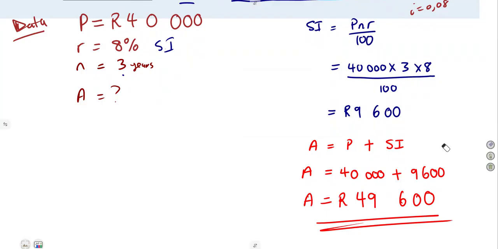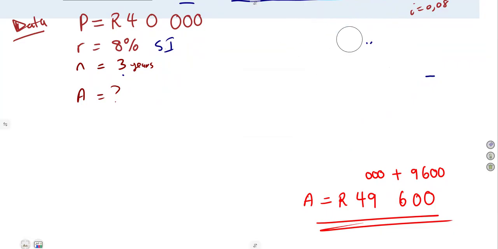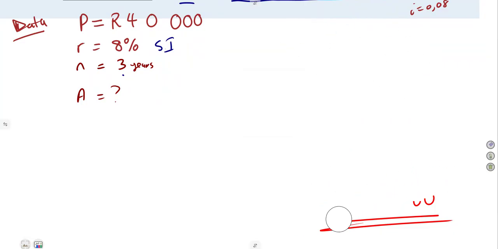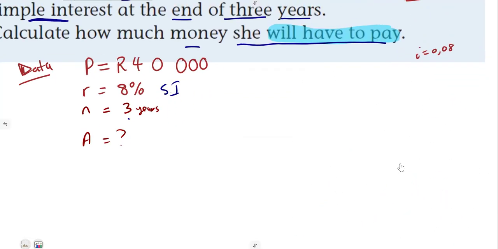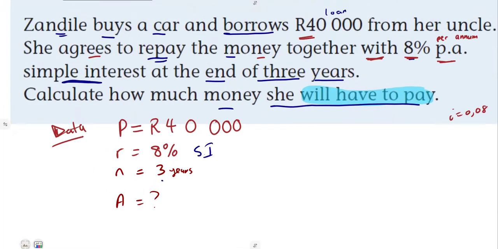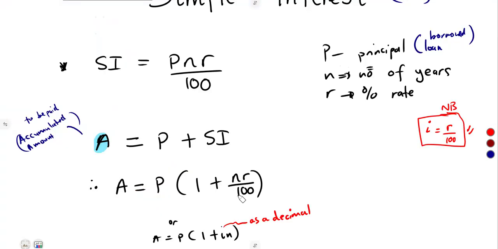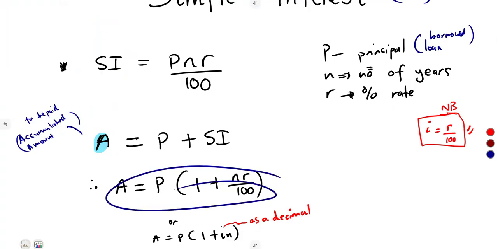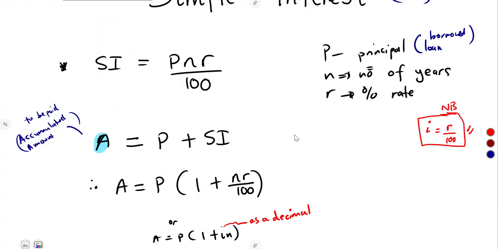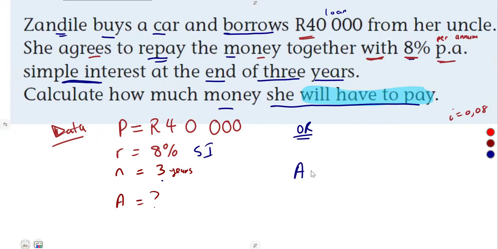This is from your understanding of the simple interest on its own. But remember, here we are calculating the combined everything together. So we can also use the formula that has combined these, if you know it, but mostly they will provide this formula for you. So you can simply use the formula: accumulated amount is equal to P into 1 plus NR over 100. The moment you've got rate, you must divide by 100 to get rid of the percentage.